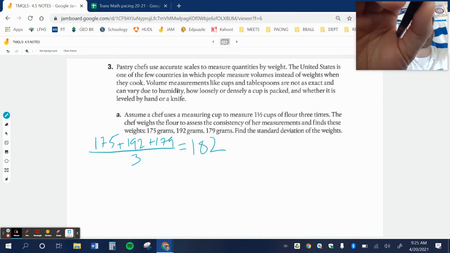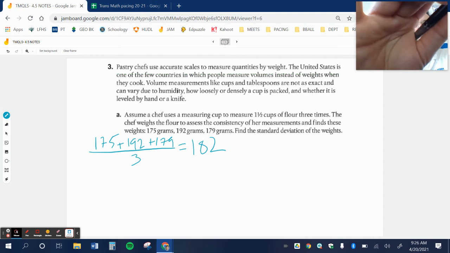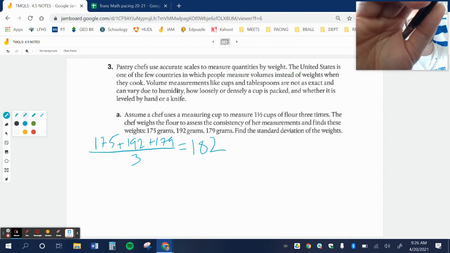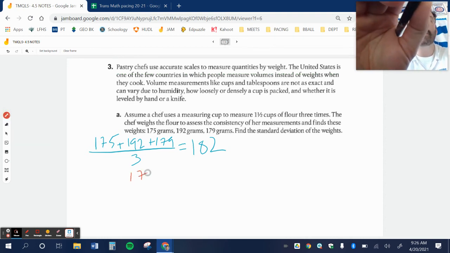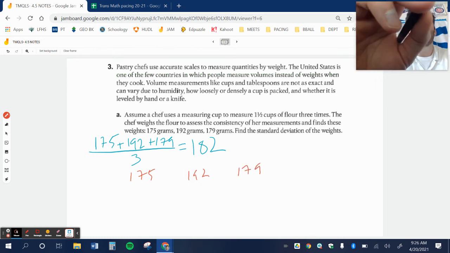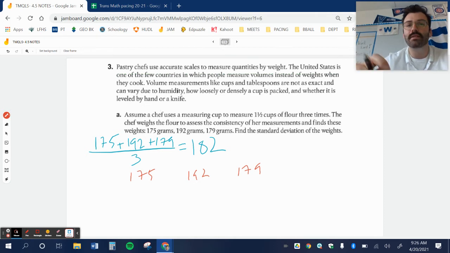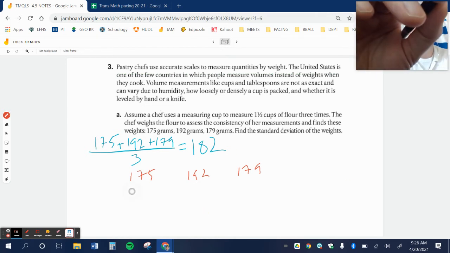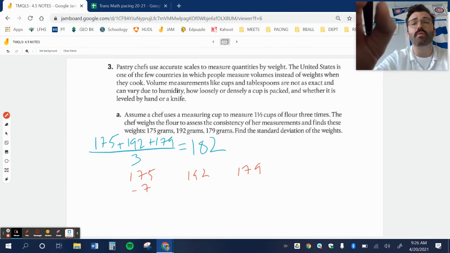What I like to do is write each number out underneath that. I'm going to say 175, and you'll see why in a second, 192, 179. Then I put how far away they are from the mean underneath it. So 175 minus 182 gives -7. 192 minus 182 gives +10.